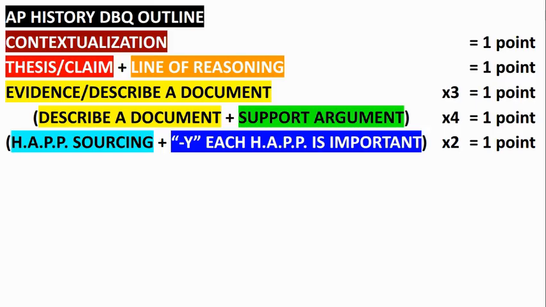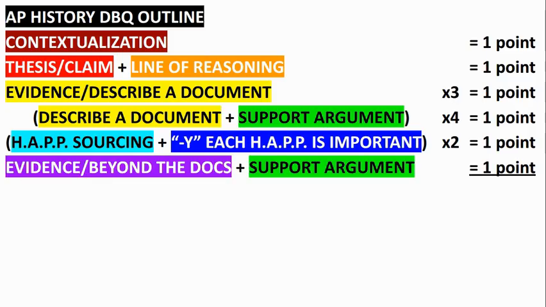If you mention that HIPP sourcing and explain why it matters 2 or more times, that earned you a point. And if you introduced a piece of evidence beyond the documents, showed some knowledge of it, and used it to support your argument, you are at a 6 and sitting pretty. A 6 is easily going to be above average for the DBQ when the results come in. Okay, so if that's all you do, you're in great shape.